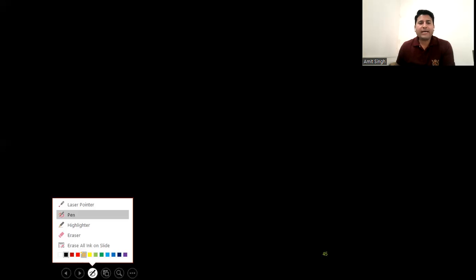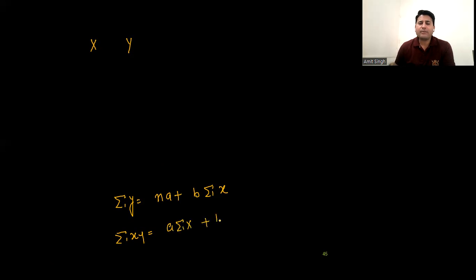So let us make it: x is there, y is there. What are the normal equations? The first one is summation y equals na plus b into summation x. The second is summation xy equals a into summation x plus b into summation of x square.